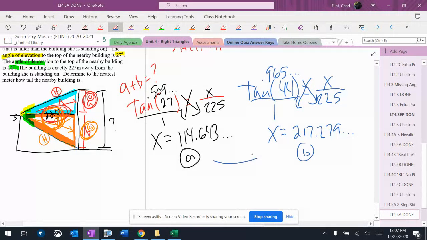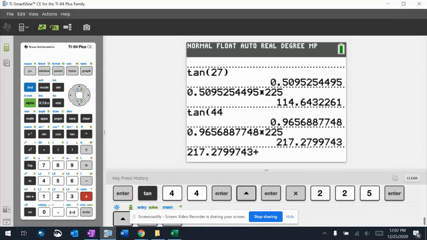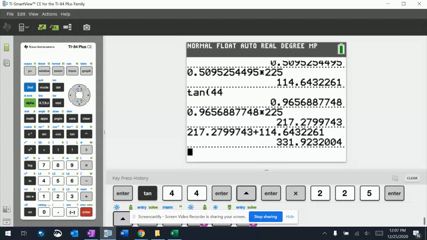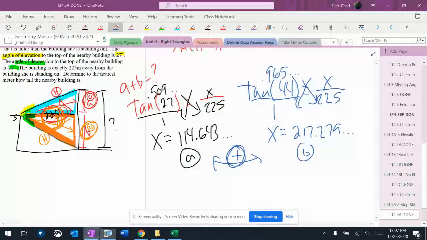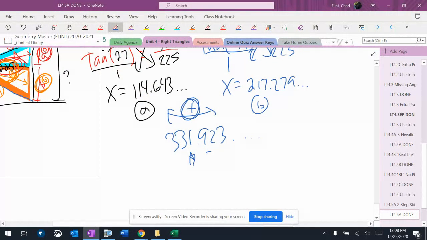That's side B. I'm going to add these two together to get my final height: 331.923. It says determine to the nearest meter. That means no decimals. That means around that 3 using a 9.